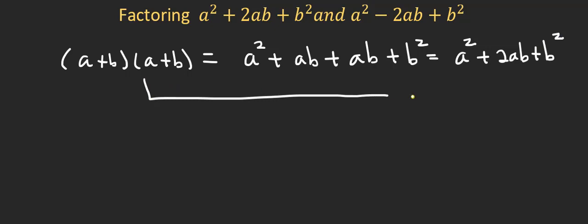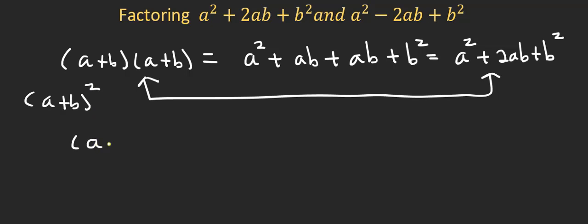Notice these two middle terms are the same thing. That means when you factor a squared plus 2ab plus b squared, you will get the quantity a plus b times a plus b, which is the same thing as the quantity a plus b squared.